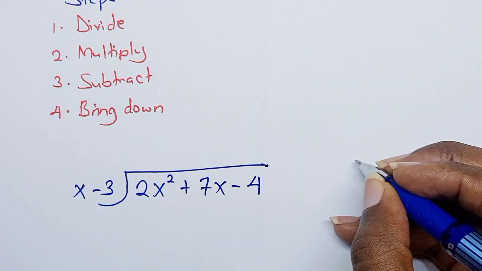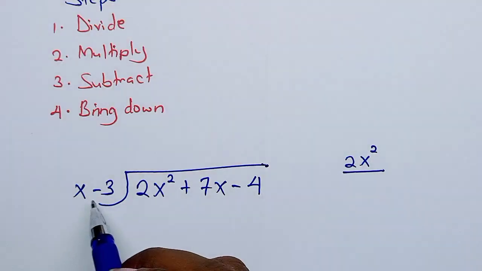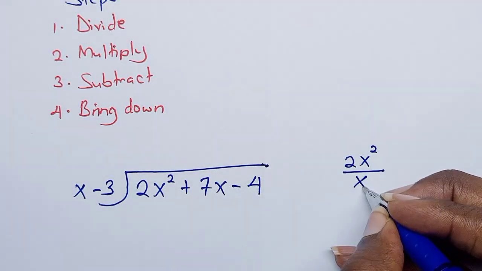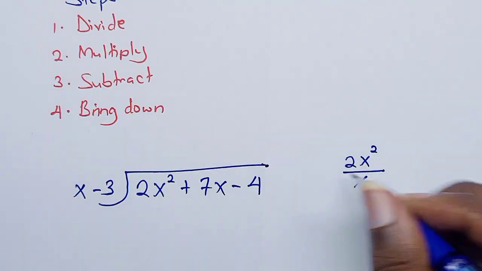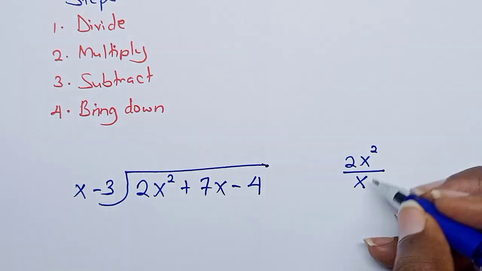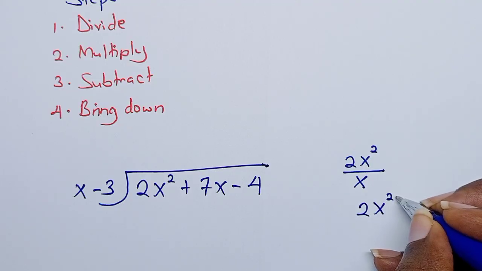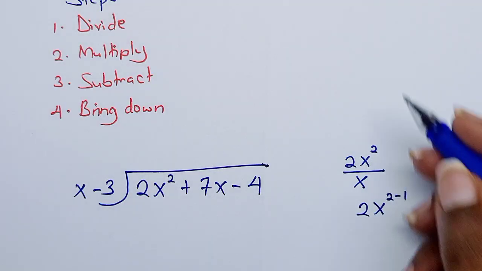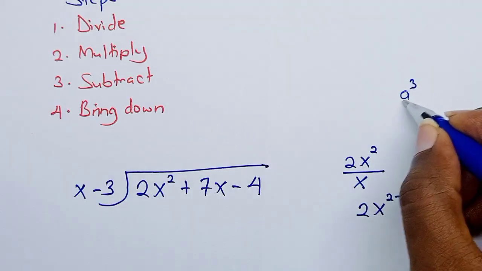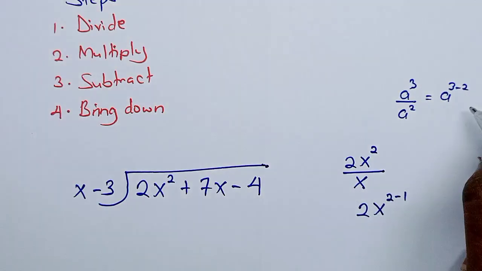So you can do your side work here. You're going to divide 2x squared by the first term of the divisor, which is x. It's the same as saying 2x to power 2 minus 1, since we know that a power 3 over a squared is the same as a power 3 minus 2.